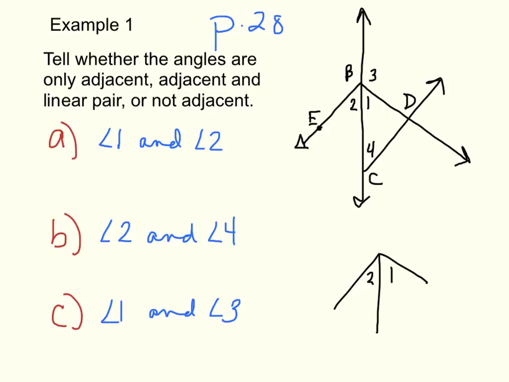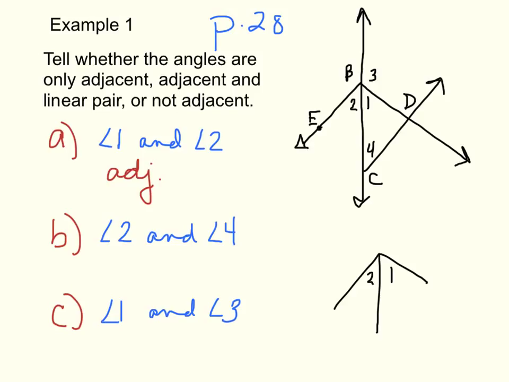So what are these two angles right here? Well, they share a common vertex and a side. Therefore, they are adjacent angles. They do not make a line, so these are just adjacent. And I'm going to abbreviate adjacent. All right, the next one is angle 2 and angle 4.